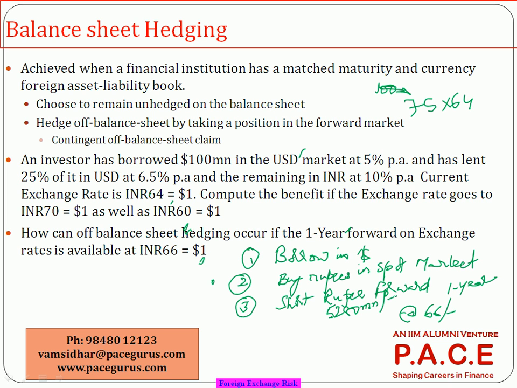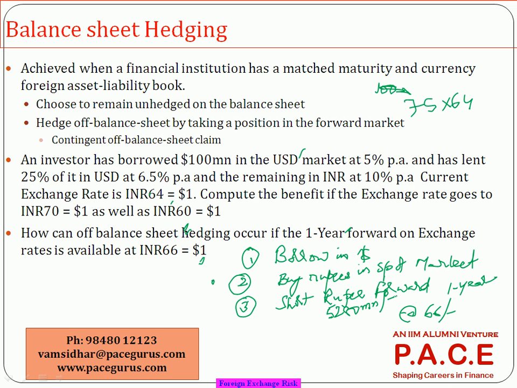That is where I am playing a forex hedging, and here I did not hedge on my balance sheet. I have hedged my risk by entering into the forward market transaction. I have found that there is a forward market transaction available where I can enter as a short position at 66 rupees a dollar.